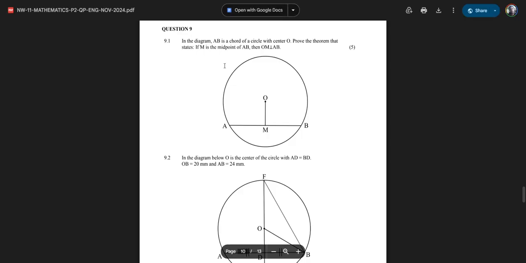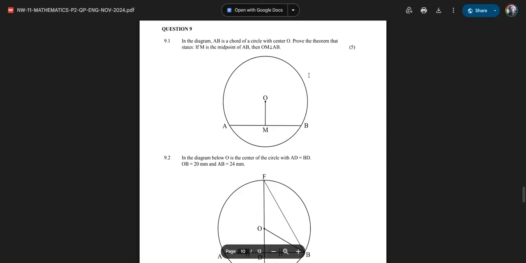And in the Euclidean geometry, you're going to get a question that wants you to prove a certain theorem that you've studied. They are the big four, I would call them. There's one that looks like this, where you're asked to prove the line from the centre to the midpoint of a chord, or something like that.